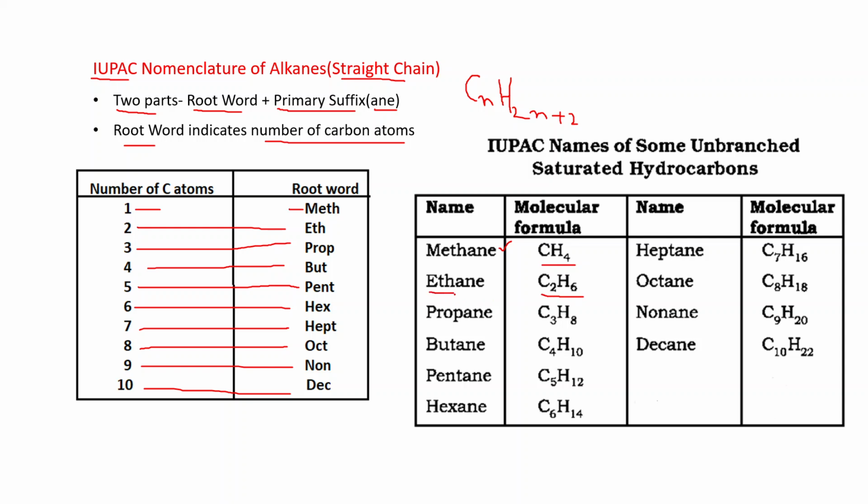This eth is the root word for 2 carbon atoms, and ane is the primary suffix for alkane. This is propane C3H8, butane C4H10, pentane C5H12, hexane C6H14, heptane C7H16, octane C8H18, nonane C9H20, decane C10H22, and so on.